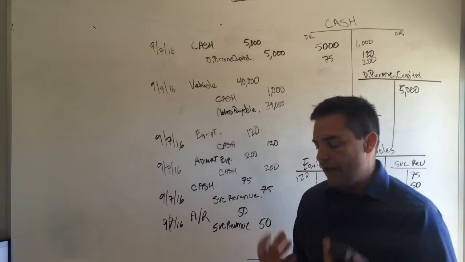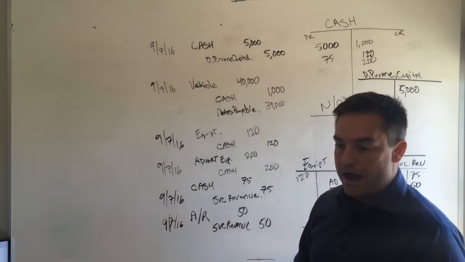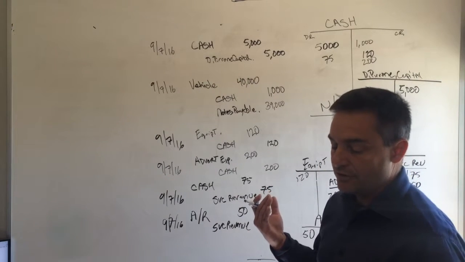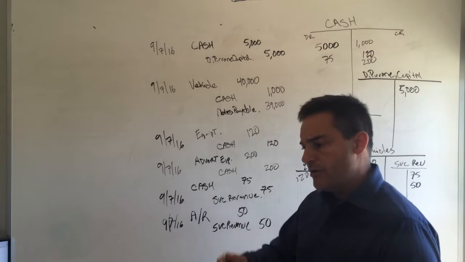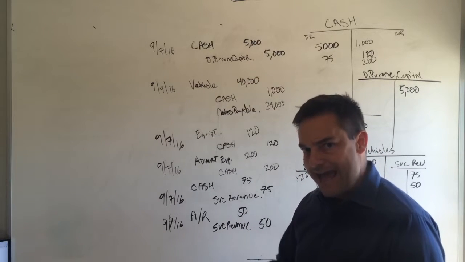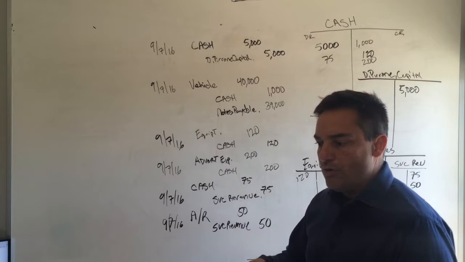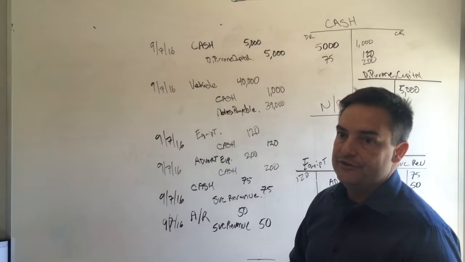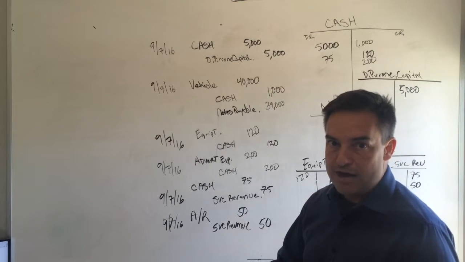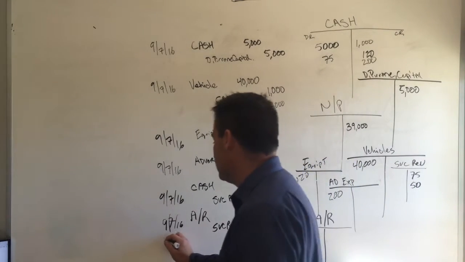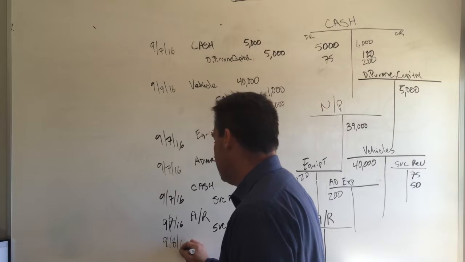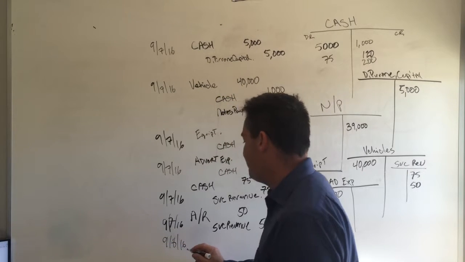So here we have a table that we didn't have before, so our assets are going up. So we're going to debit some sort of asset account. And then we're not writing a check, so we can't credit cash, but we do owe money. So we're going to have to increase or credit a liability account. And so that journal entry, let's just put that on a different day, 9/8.